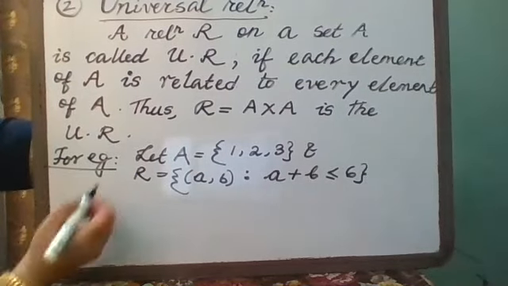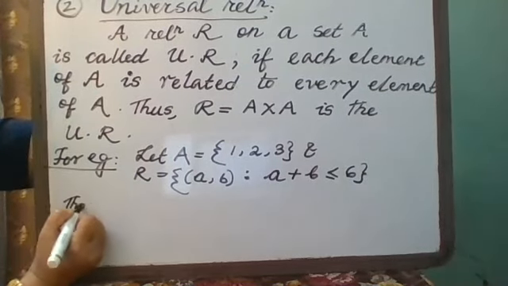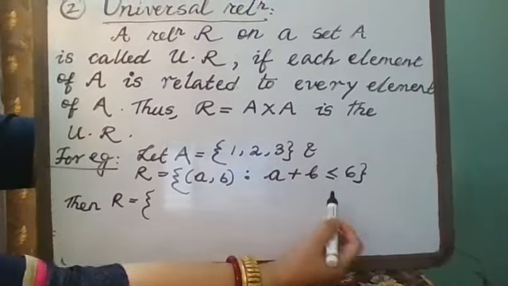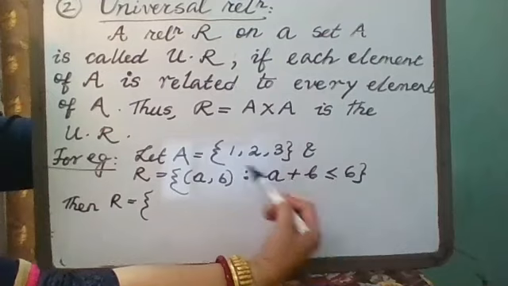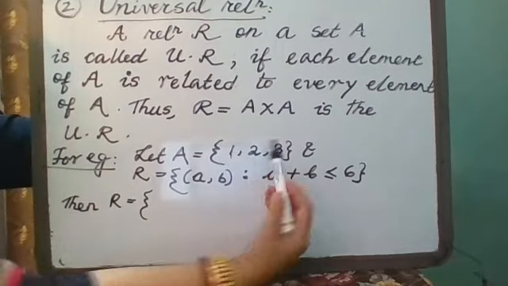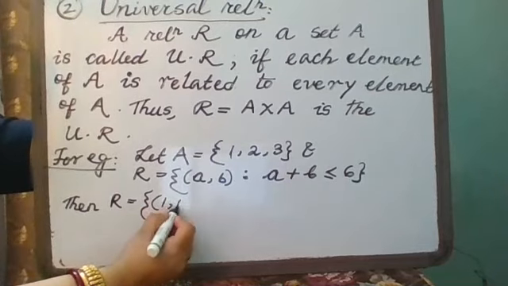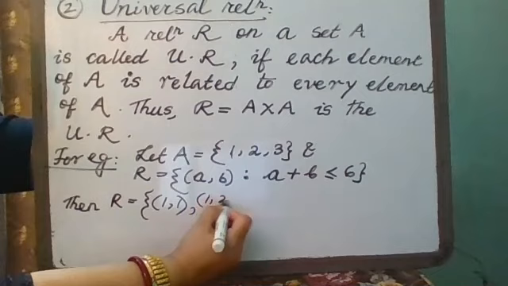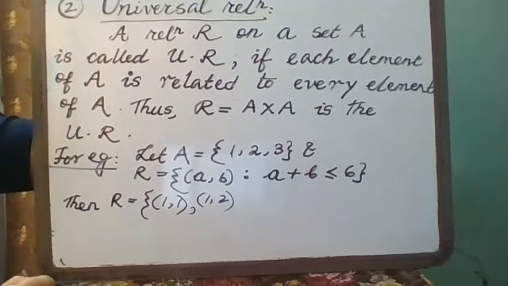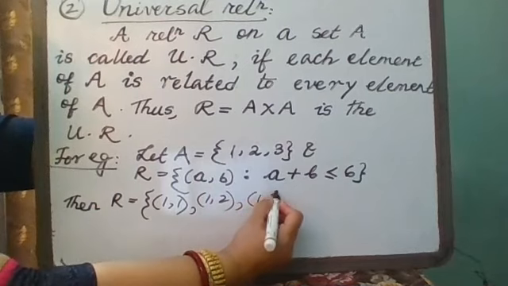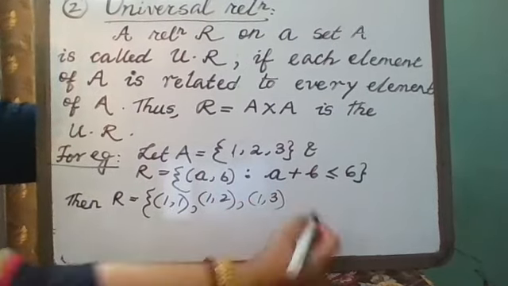Then what do we observe? Then what will be R? Sum of two elements is less than or equal to 6. Yes, if you check set A, 1 plus 1 will be 2, which is less than 6. Then the next ordered pair will be 1, 2. Yes, it is also less than 6. Then 1, 3. Yes, this is also less than 6.